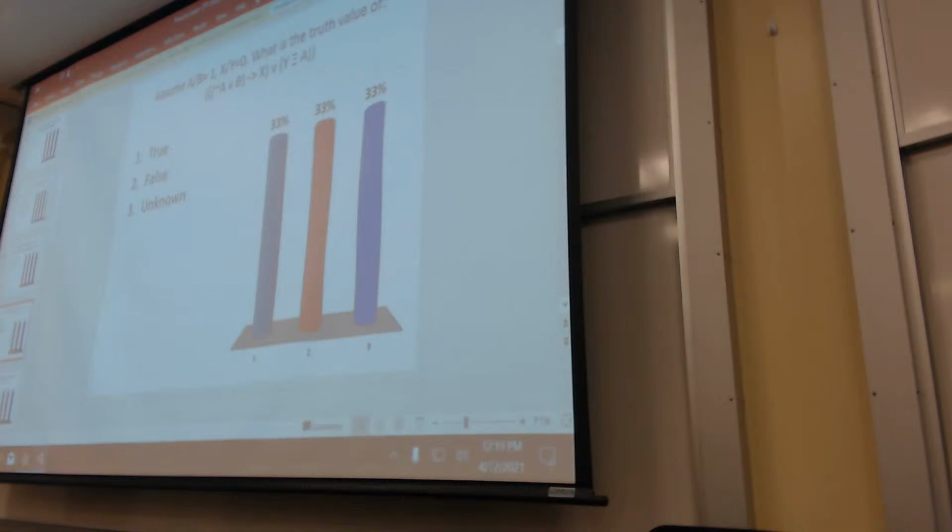This arrow is going to be false because the true on the left and false on the right. This triple bar is going to be false because the sides don't match. Then the final OR will be false because it is false on both sides.